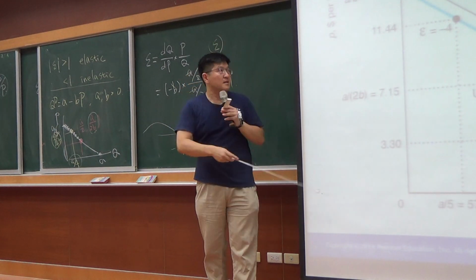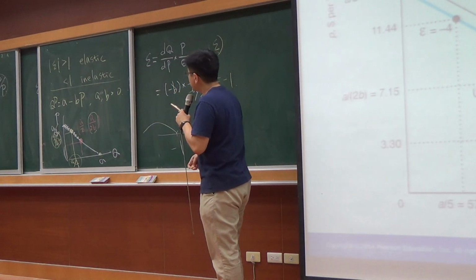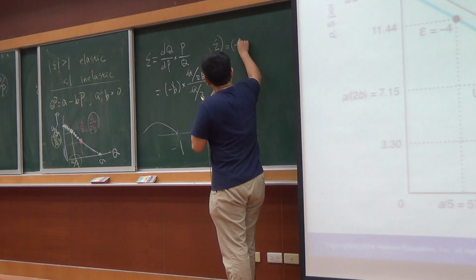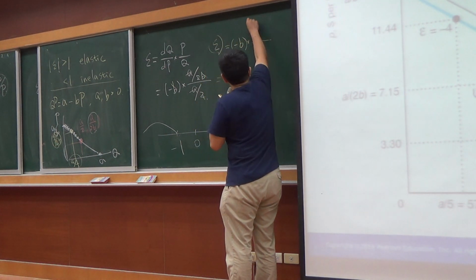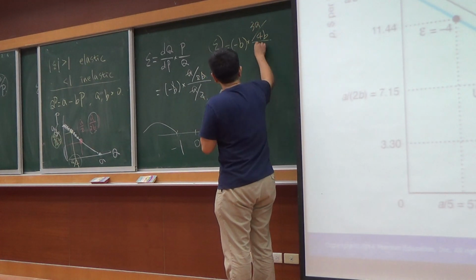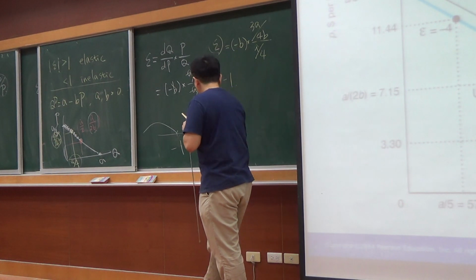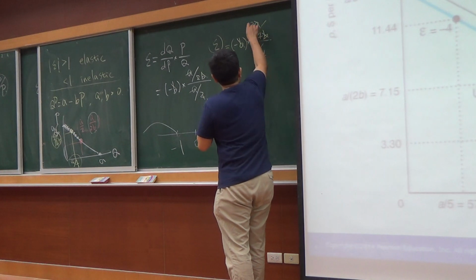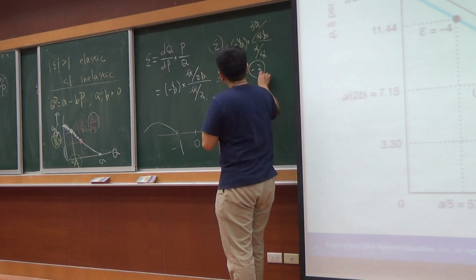Alright, so what about epsilon at this point? The elasticity at this point will be negative B, same thing. And the price would be 3A over 4B, and the quantity would be A over 4. So in this case, it would be negative 3.